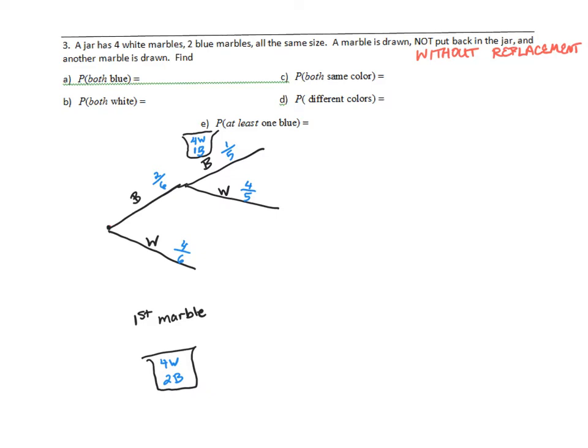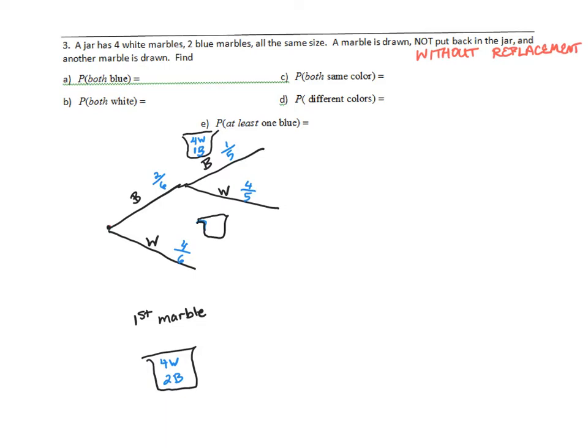If the first marble was white, and we kept it, then our marbles would look like this. Let me just get my black ink going. Okay, here we go. So this is the jar. It's not a very good jar, but it'll do.